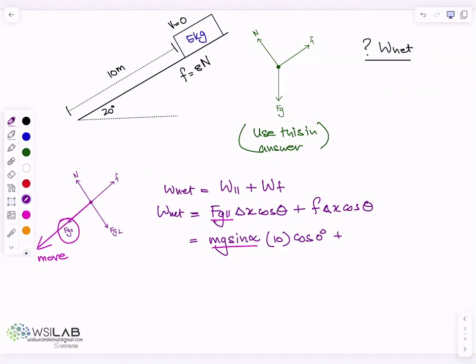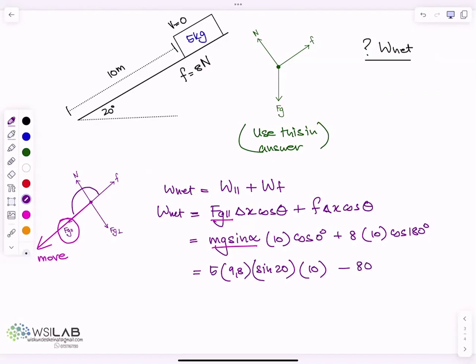Then we have plus the frictional force, which is 8 newtons over a distance of 10 meters, cos 180, because there's a 180 degree angle between the direction of movement and the frictional force. So the mass is 9.8 sin 20. This I'm going to multiply with 10 and 1. Cos 0 is just 1. And this is going to be minus 8 times 10 times minus 1, so that's minus 80.